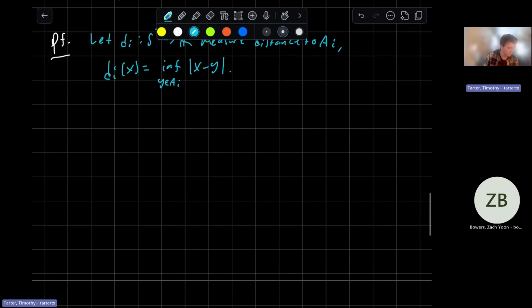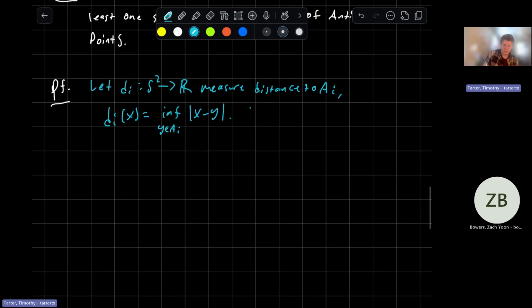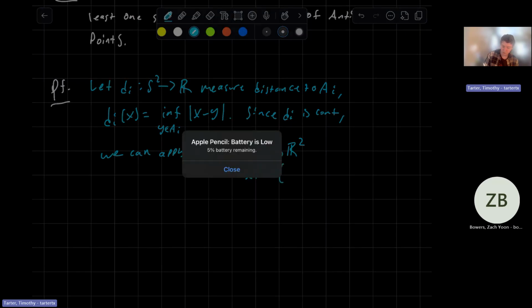This is continuous in the standard topologies, so since di is continuous, we can apply Borsuk-Ulam to the map from S2 to R2 by x to the tuple.